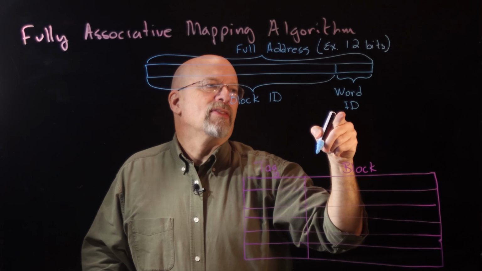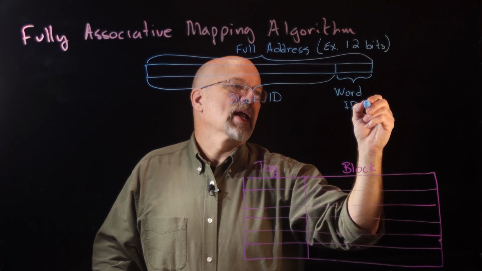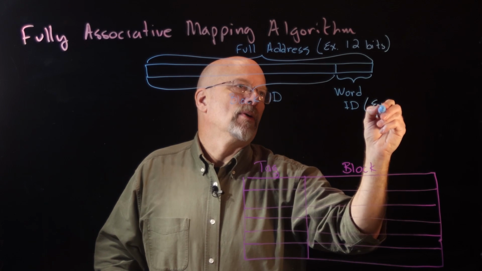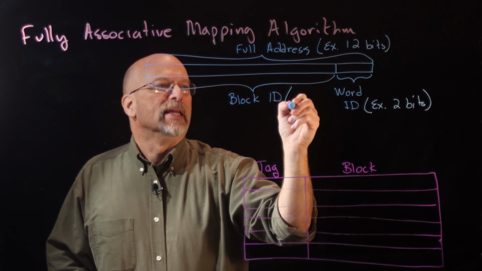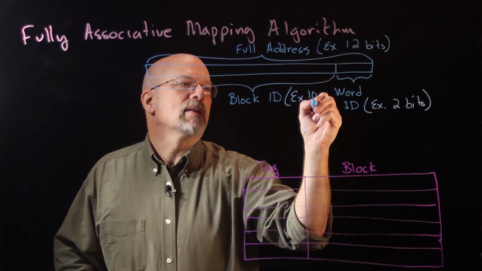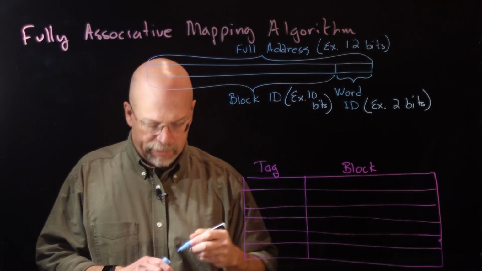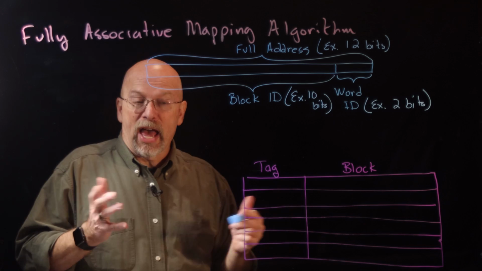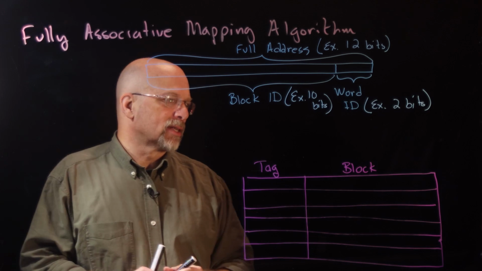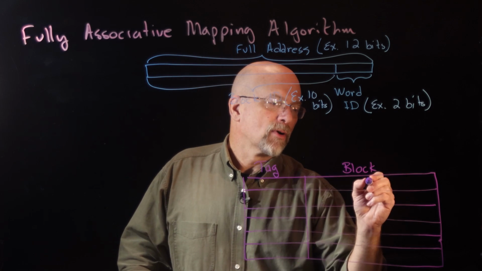All right. And then the word ID, we're going to have this in our example of 2 bits, which means the block ID in our example is 10 bits, right? All right, so let's go back to this diagram of our cache.